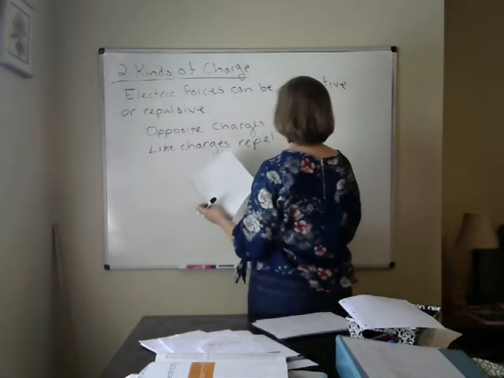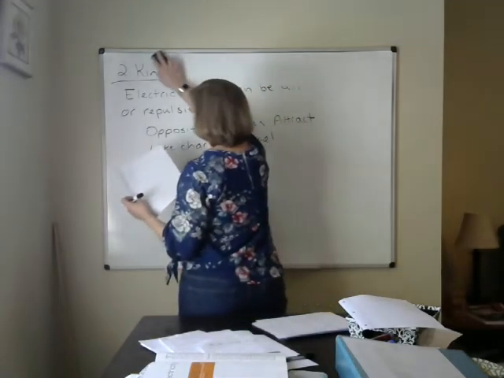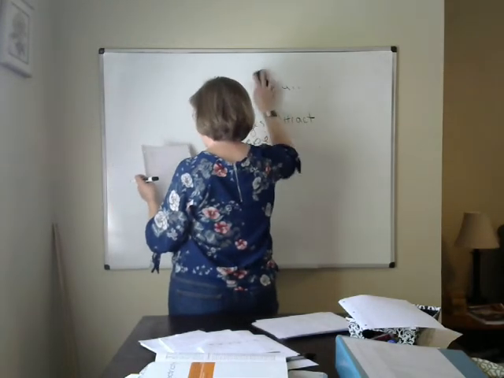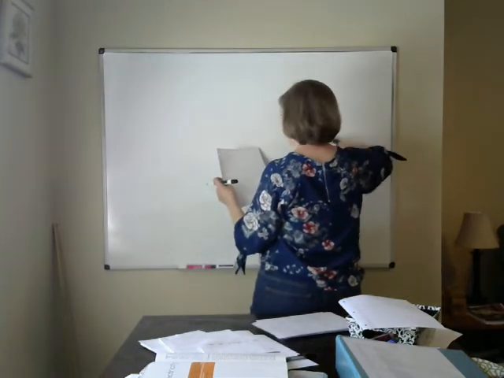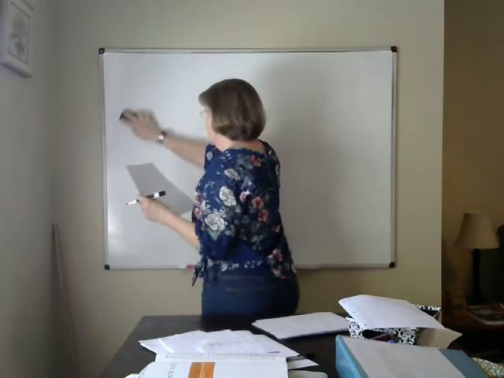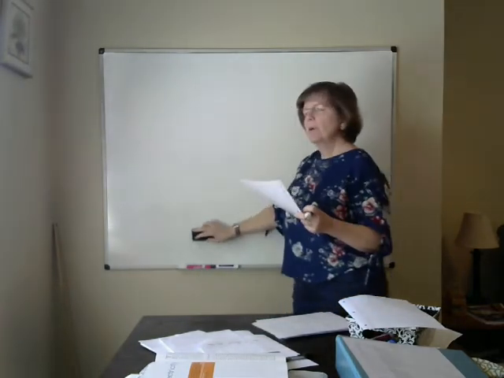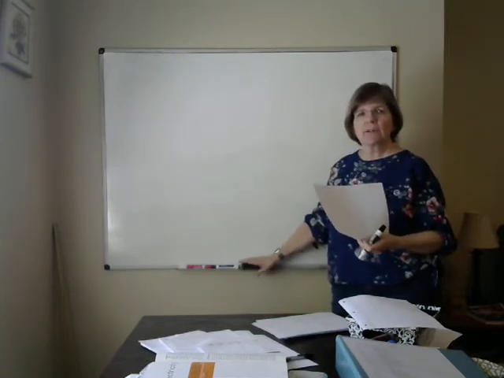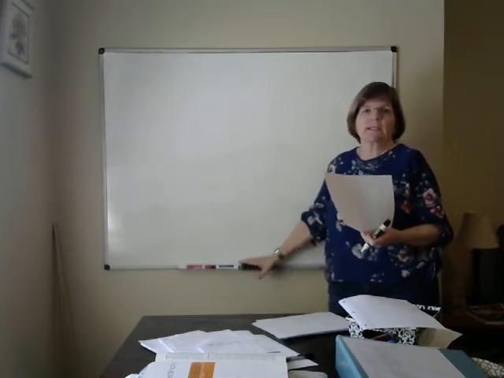If I take two objects, and it depends on which two objects, but certain combinations, if I rub them together, I can transfer electrons. One of the things you should understand is it's almost always going to be electrons that transfer, and there's really good reason.